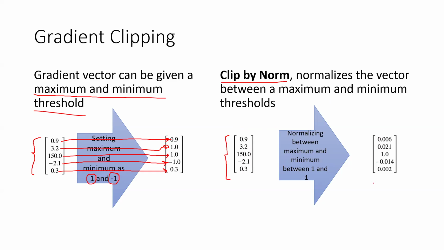Once you calculate the mean values and standard deviations, you will see that the plus 150 would go to around 1.0 and the minus 2.1 would be a negative value, which is not exactly negative 1, and the other values would be smaller positive values, right?